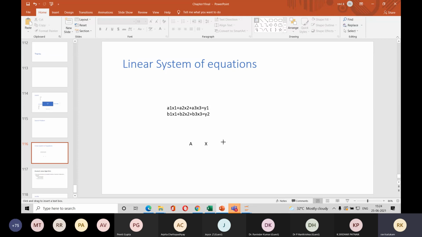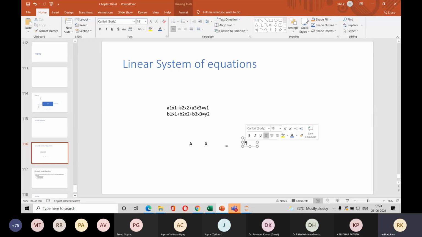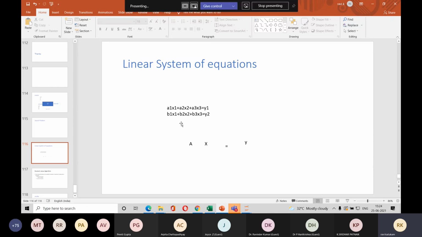So you have a matrix A, a vector X of size n comma 1, and one output vector Y which is n comma 1.